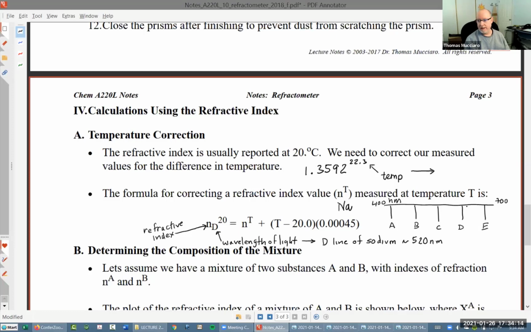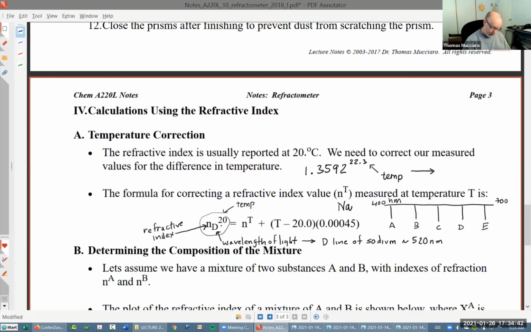And that's just how they can identify to everybody so that everybody knows which wavelength of light to use. At any rate, it's used for a lot of things. It's used for polarimetry. It's used for refractive index. Okay. And then this here, that's the temperature. So the refractive index is often in textbooks given as ND20.